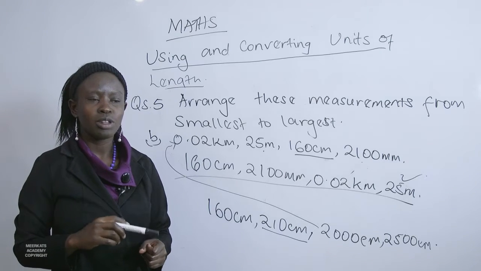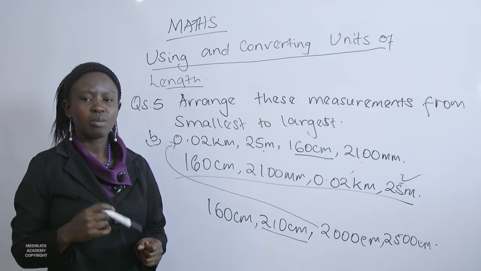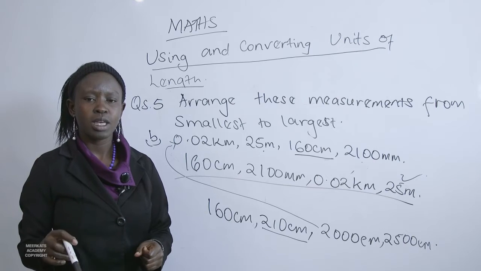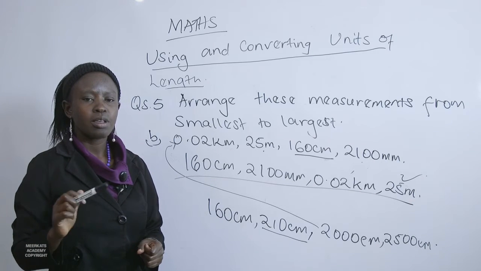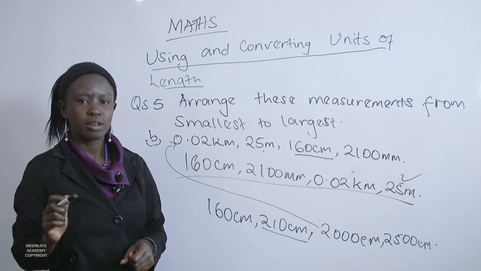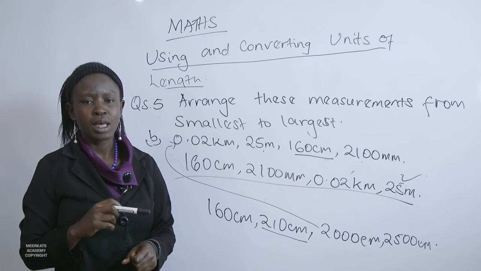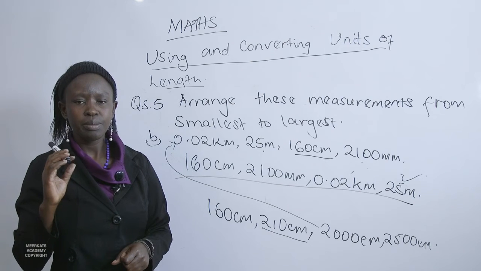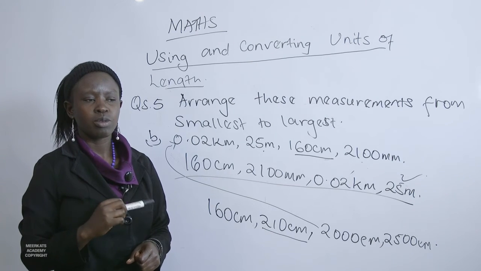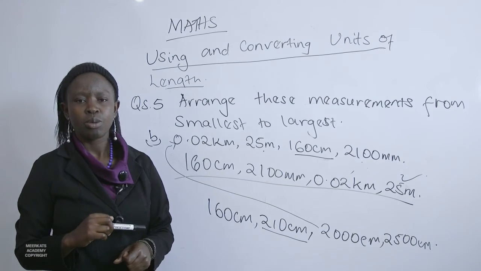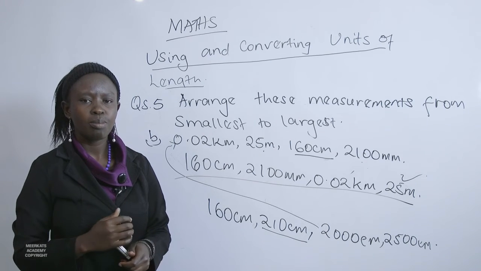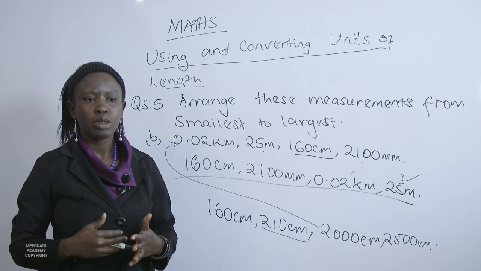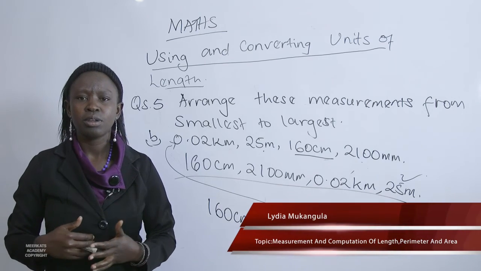Another thing to keep in mind is that when we are multiplying a number by a power of 10 that is positive, the decimal place moves to the right. But when you are multiplying a number by a power of 10 that is negative, the decimal place moves to the left. So with that, I hope we can all convert from one unit of length to the other.